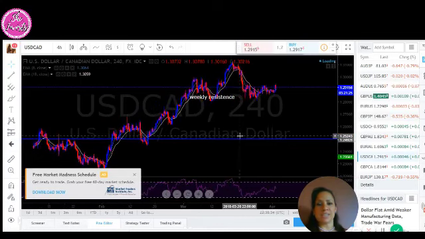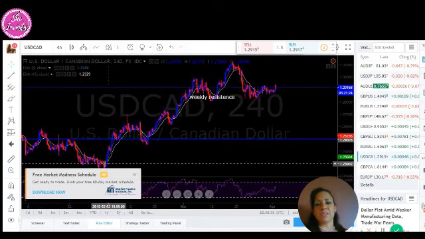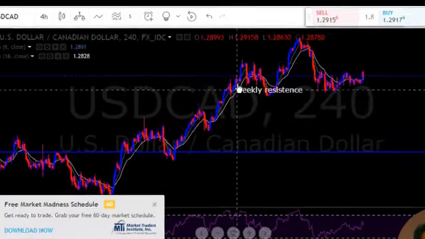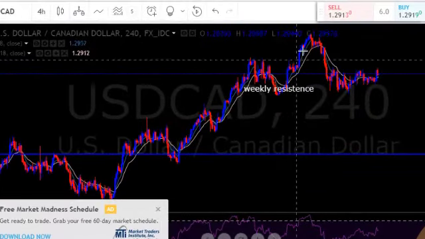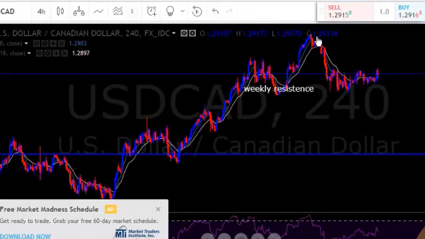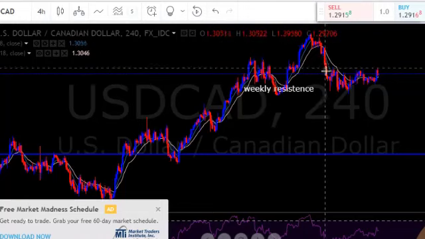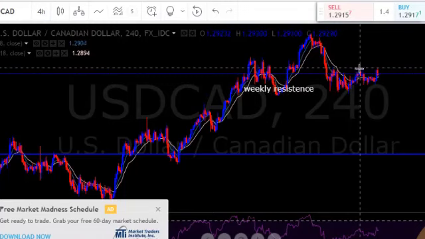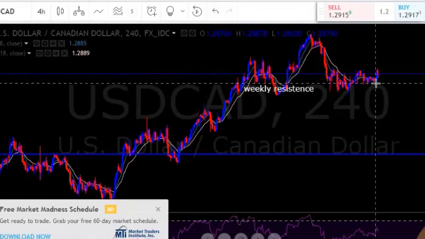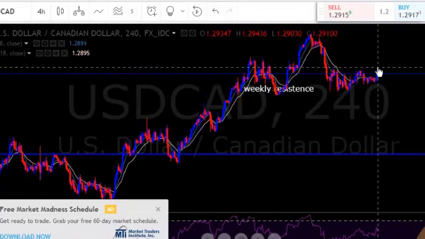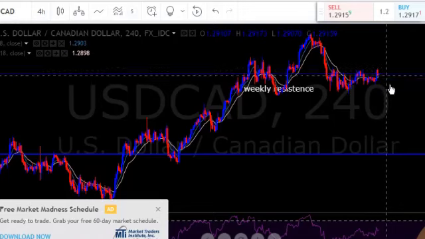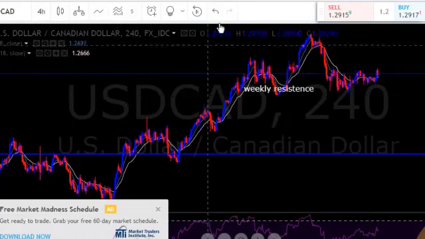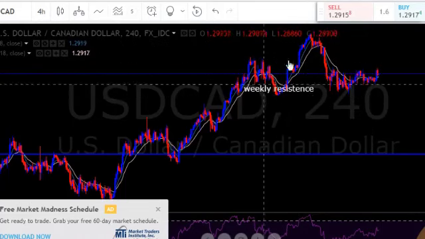Now, this is interesting, guys, because if you look at this, it's been going up, up, up. Boom, it hit up here. Now it came back down, and it went up, and it vacillated here. Now it's here. Now, this could be a reversal.